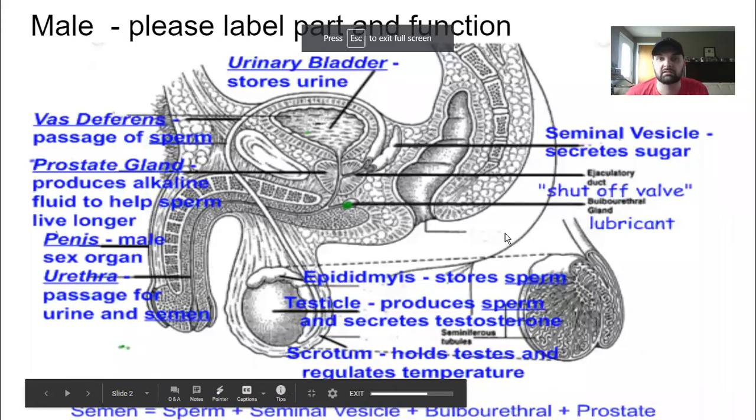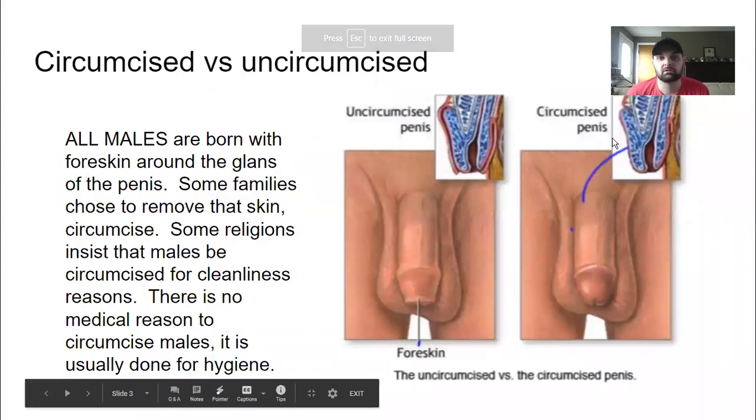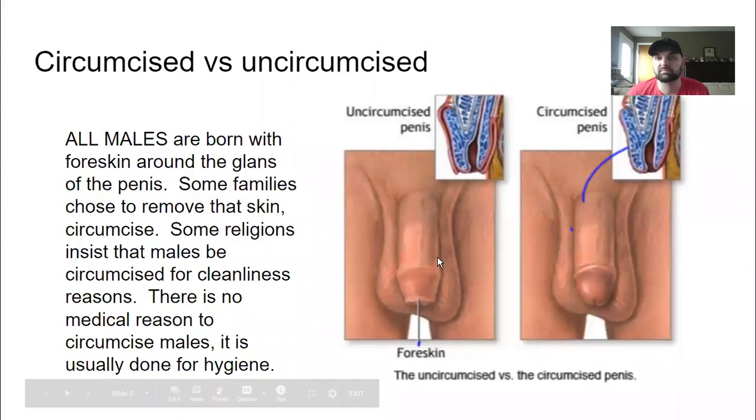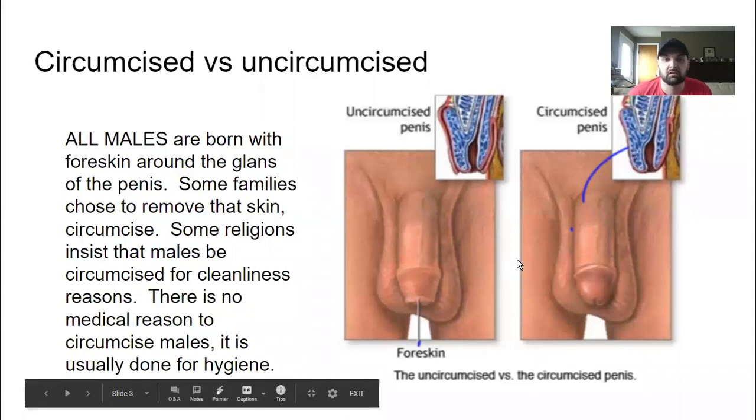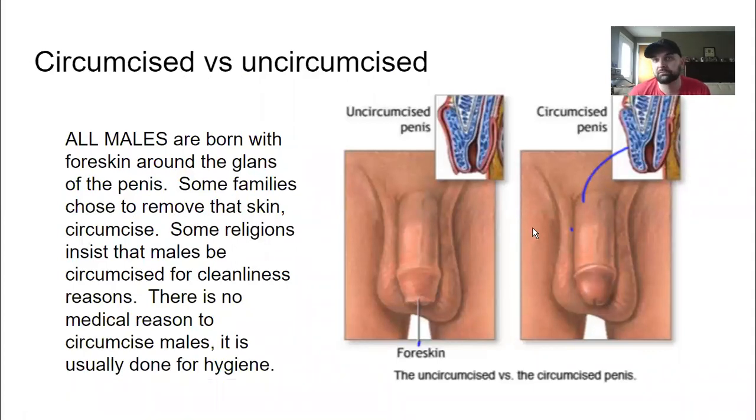The next slide that we get to is a picture. There's 2 types, right? You got an uncircumcised penis, you got a circumcised penis. They used to do this, back in the day, as a religious thing. There's no right or wrong way, right? If a man is uncircumcised, that's fine.